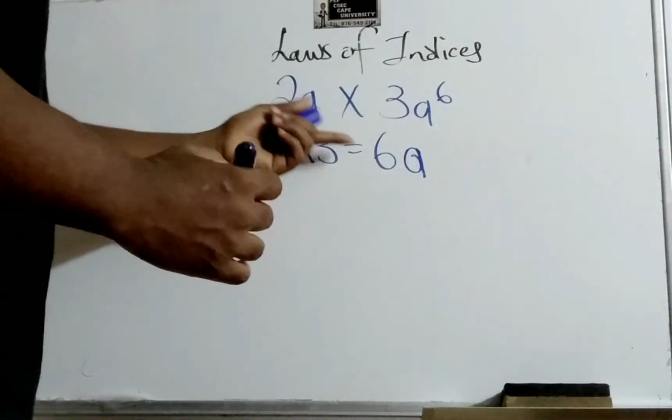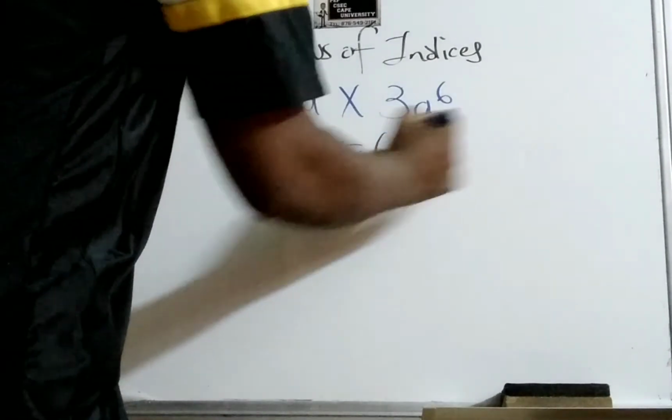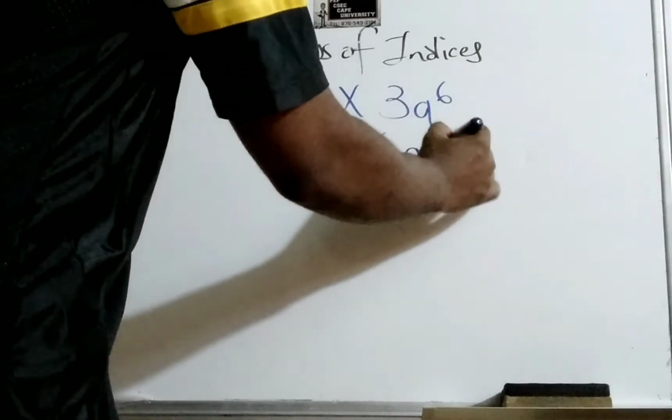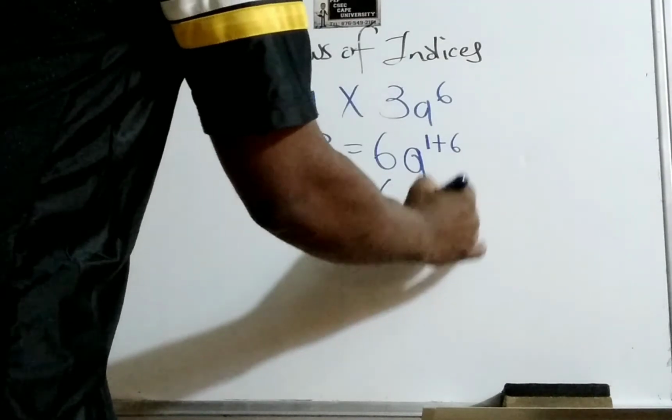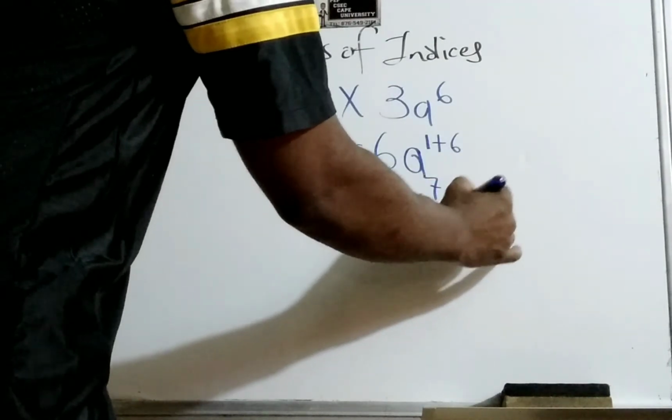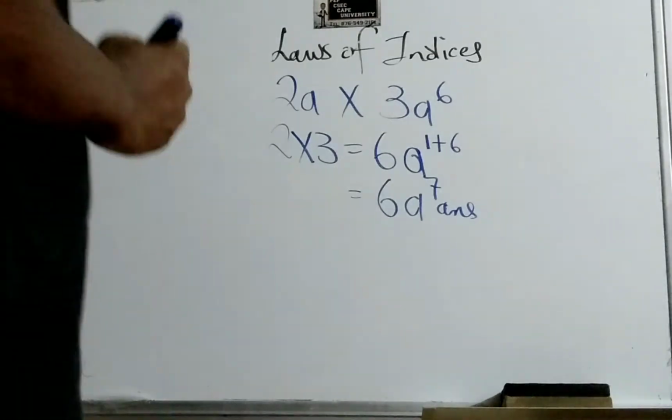Now a by itself is like a raised to the 1st power plus 6, so we get 6a raised to the 7th power, and that will be your answer.